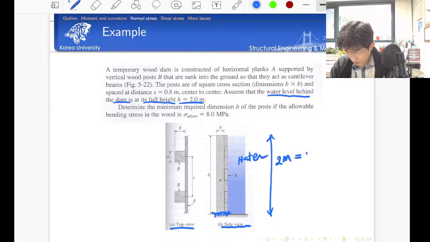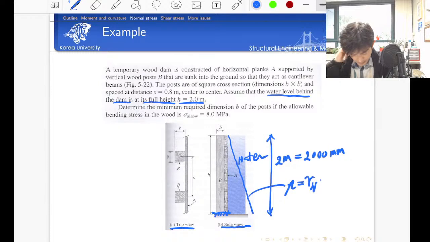I told you that we'd better use millimeter units, isn't it? Okay, 2 meters. Because this is water, there is a pressure field. So the distribution of pressure is what? The specific weight of water times the height, the position. If we put the x coordinate, it depends on x.